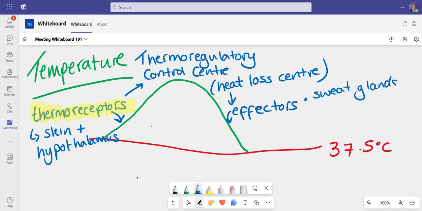When we're too hot, we sweat, don't we? The arterioles, remember it's just a small artery in the skin. And what happens if you're too hot is they dilate, that means they get bigger, so we get more blood to the surface of our skin to help us cool down.